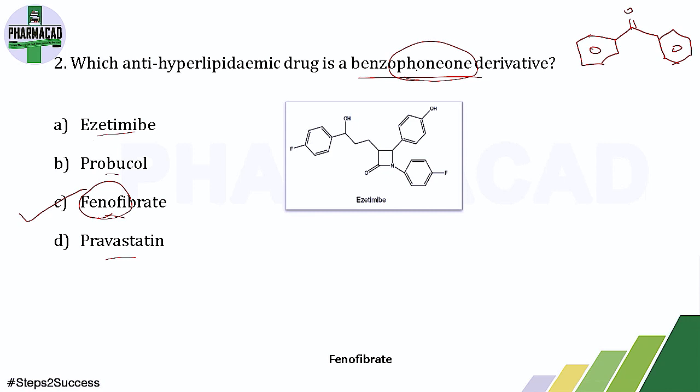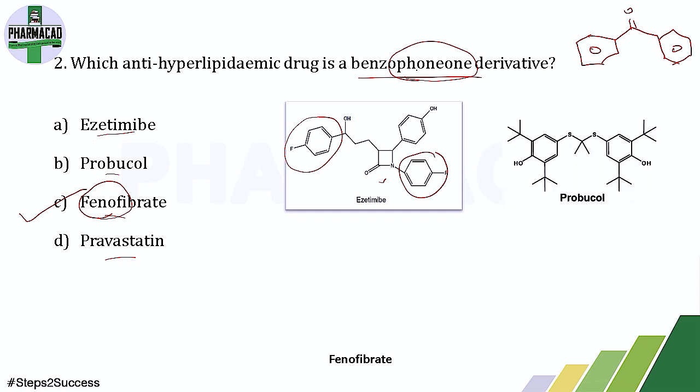It has a beta-lactam ring as you can see over here. Then azetidin-2-one, and it has a para-fluorophenyl group attached to the beta-lactam ring. So this is the structure of ezetimibe. Next we have probucol. Probucol has a dithioketal group.